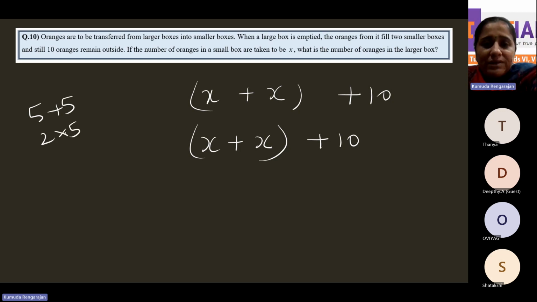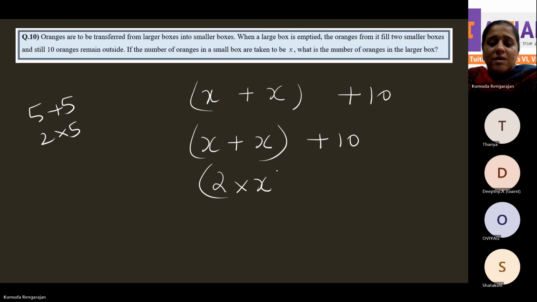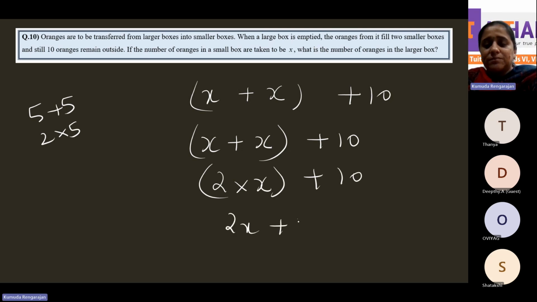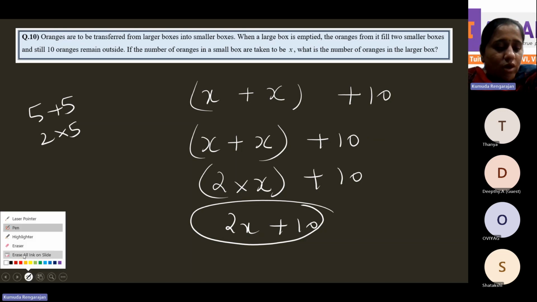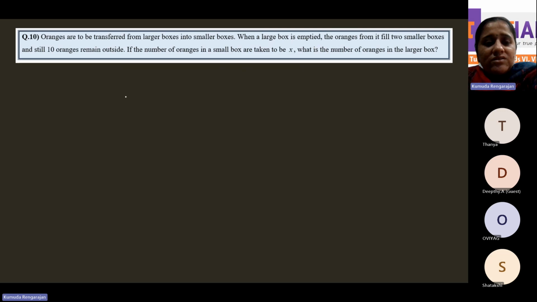Repeated addition is multiplication. In the same way, X plus X is 2 into X, plus 10, which is 2X plus 10. So this is the expression that represents the number of oranges in the big box. In one small box X, another small box X, and 10 left out.